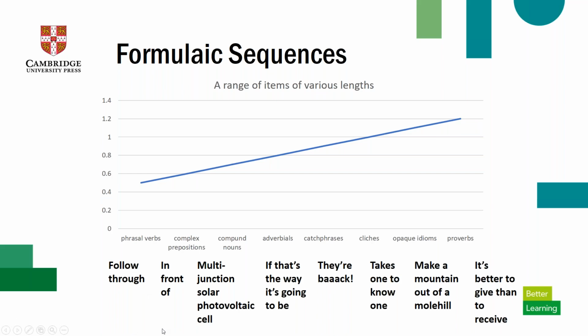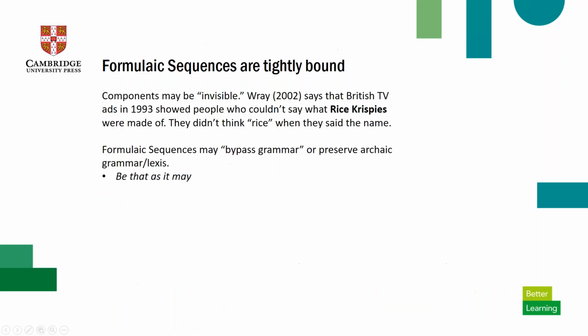Now, because they are whole and because the students who learn them supposedly do learn them whole, they have interesting properties. Ray was, she's British, and she was saying that in 1993 there were some British TV ads for the Kellogg company that showed people being interviewed, and they were being asked, "So, what are Rice Krispies made out of?"